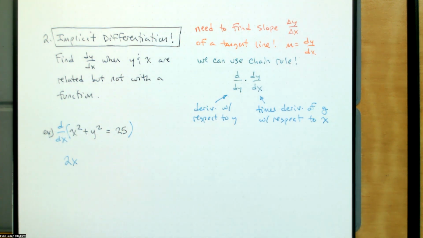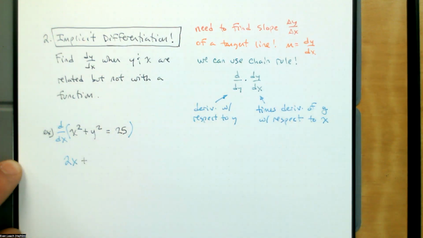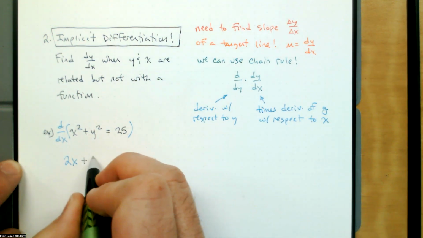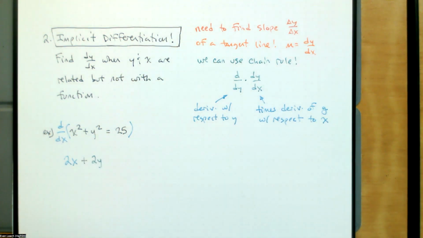The next term is y squared. That's a function of y. I am going to write 2y, but that's the derivative with respect to y. So when I write 2y, that's the derivative with respect to y, because I used y as the variable.